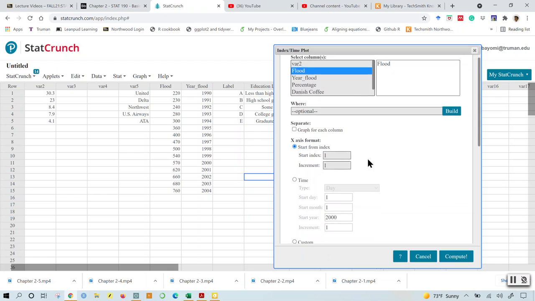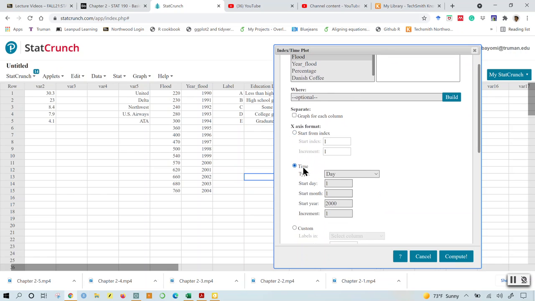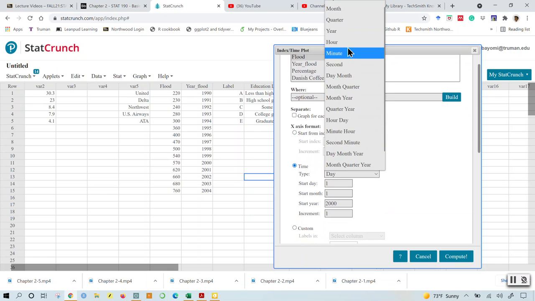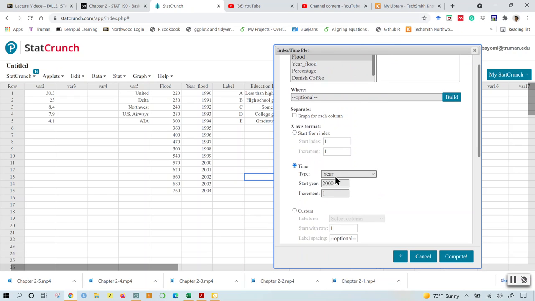Then, the next thing you want to indicate is this is a time plot based on yearly or collected yearly. And you want to indicate the start year. The start year in our data set is 1990, so 1990. And there are increments of only 1 year, 1990 to 1991, 1991 to 1992, and so on.